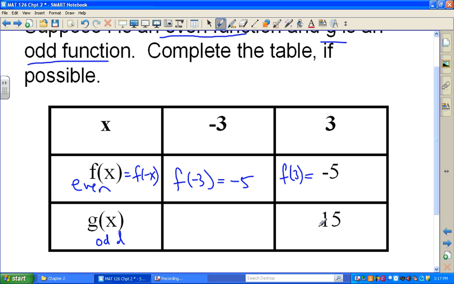Here, g of x. So if g of 3 equals 15, and we know that g is odd, that means g of negative x equals the opposite of g of x. So that means g of negative 3 is the same thing as negative g of 3.